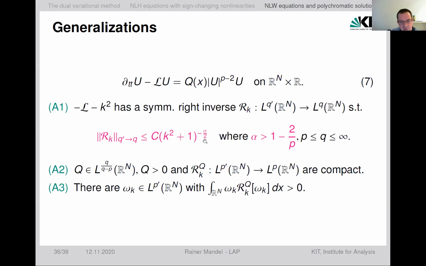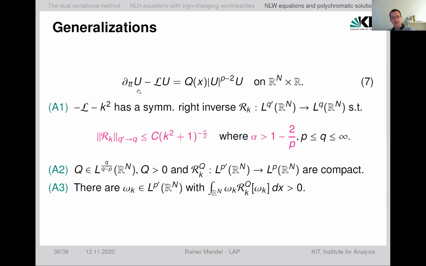And the crucial one, which gives the conditions on P and Q, is that one here. So we need a growth bound or a decay rate, say, for these norms. If we have a good decay rate, then everything is fine. So the better the decay rate, the better your mapping properties are, and the better your result is actually.